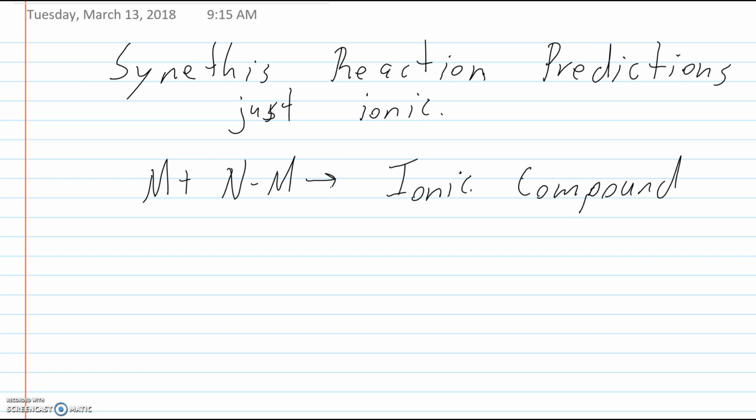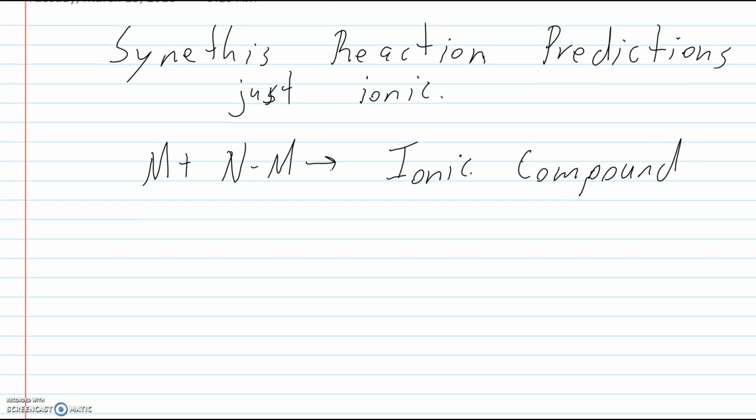And we're going to have to look at what the charges are for everything in the periodic table in order to figure out what our subscripts are going to be. So I'm just going to run through and do some examples. And then I'm going to skip balancing for now, just to kind of focus more on predicting the products.